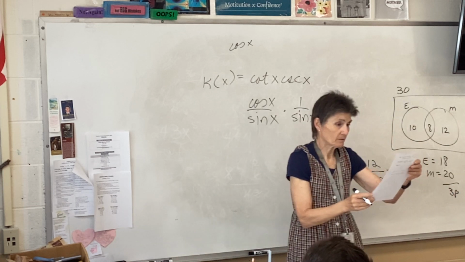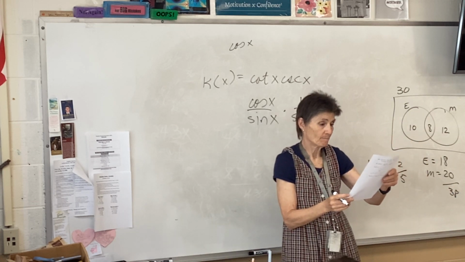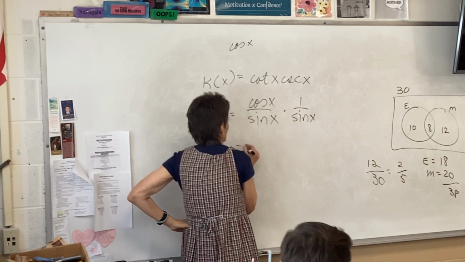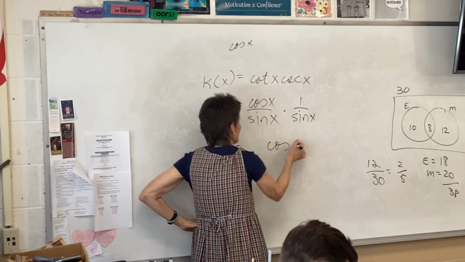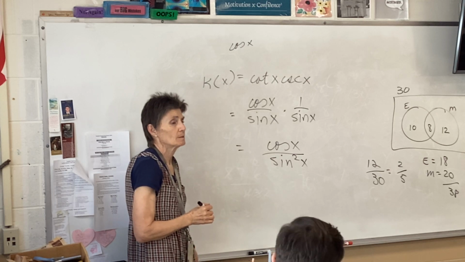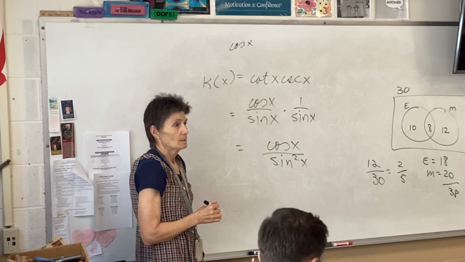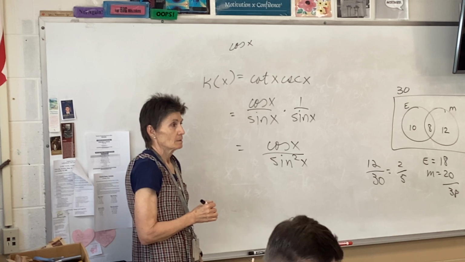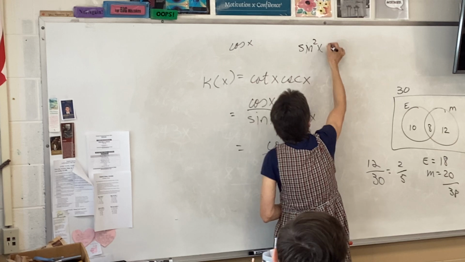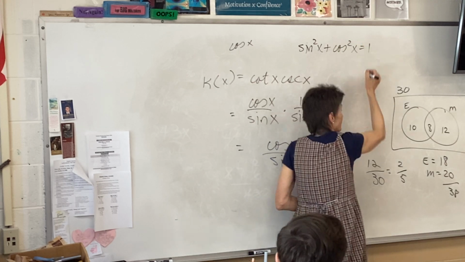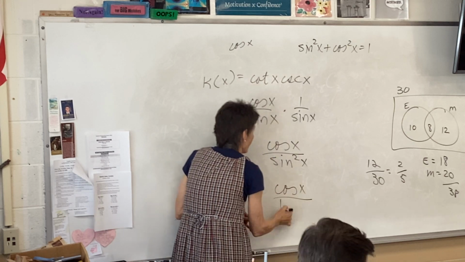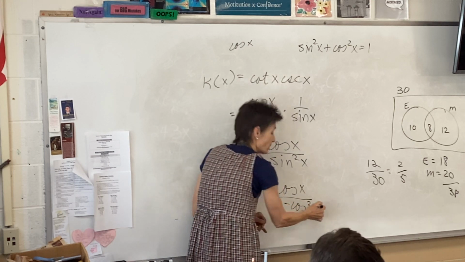So when I multiply these, I get cosine over sine squared. What do we know about sine squared? Sine squared plus cosine squared is 1. So sine squared is 1 minus cosine squared.